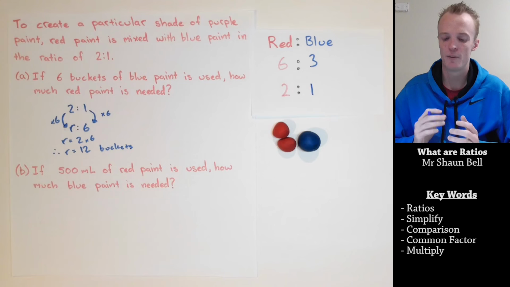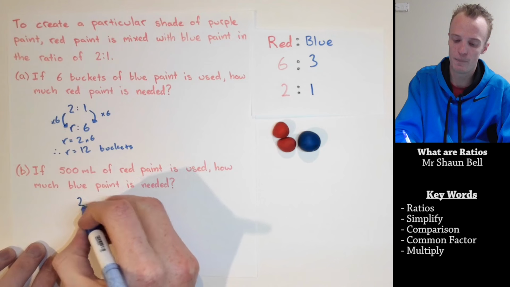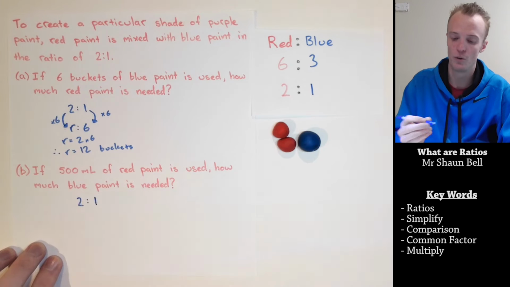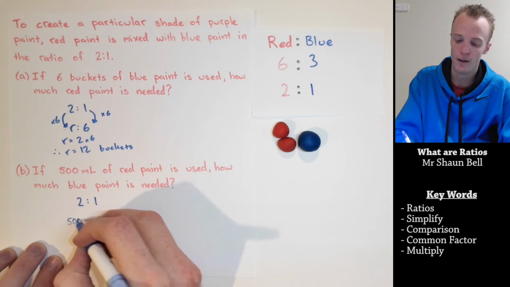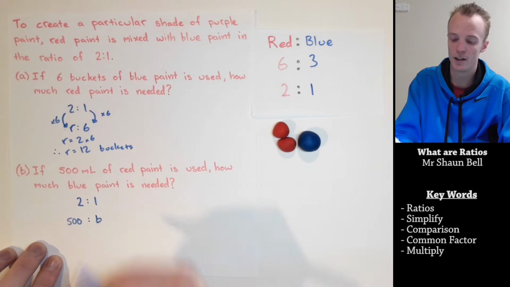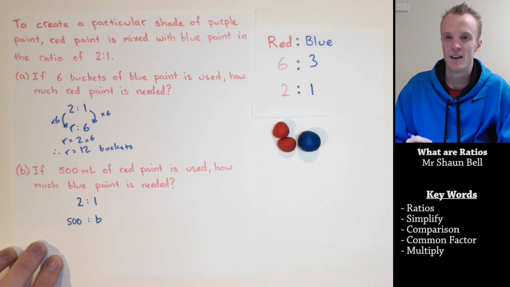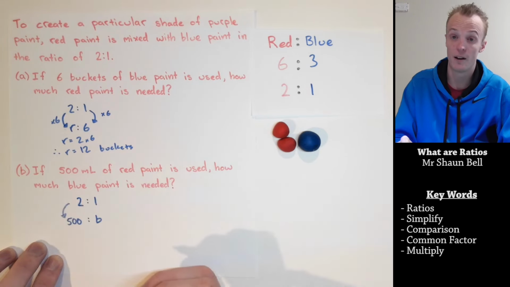Okay, so what if I started with 500 millilitres of red paint? How much blue paint would I need? Well, I know the ratio between red paint and blue paint is 2 to 1. I know that I've got 500 millilitres of the red paint, and I need to know how much blue paint would be needed. Now I have to look at what I need to multiply the 2 by to get to 500.